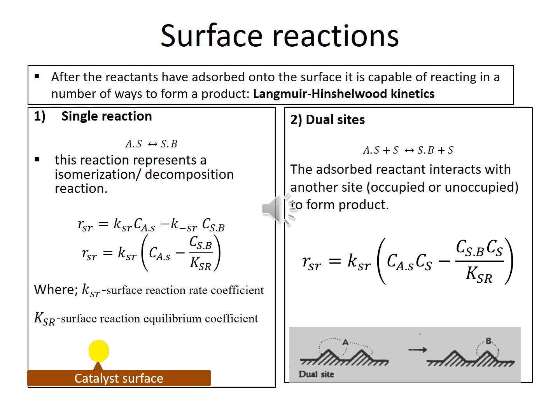Then the other mechanism that is here is the dual site. In this case, for A to transform, it needs two vacant sites, and it transforms to B, which is adsorbed, and a vacant site. And using the same approach earlier, that's the equation that we have, and it's represented stoichiometrically.